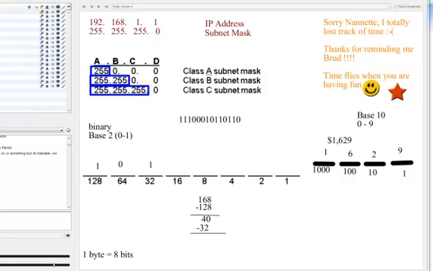Now I gotta compare 8 with 16. If I put a 1 here, I'm going to be too high, so that has to be a 0. Now I compare 8 with 8. They're equal, so that'll be a 1.